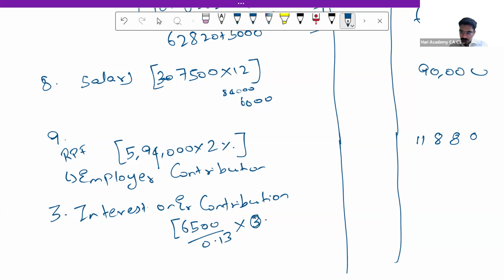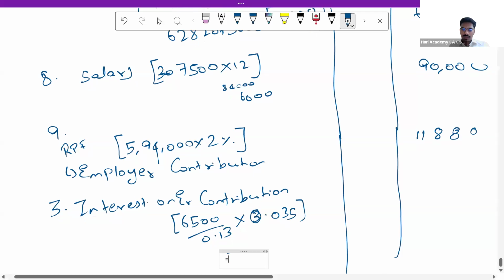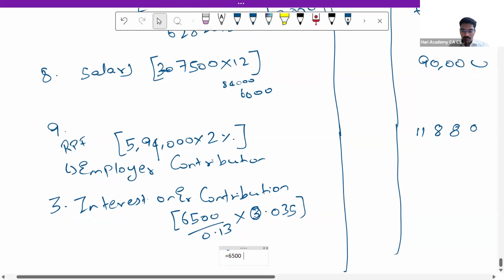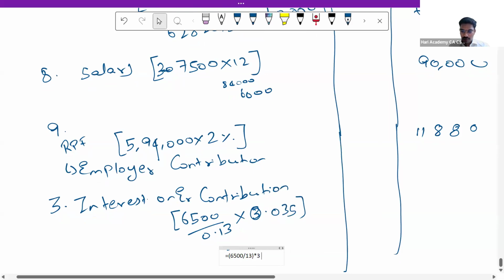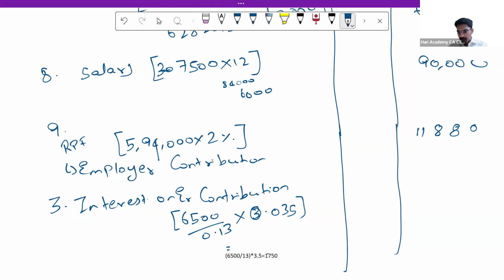We have to do this computation. Wait, let me put this: 6,500 by 13 into 3.5, which is equal to 1,750.